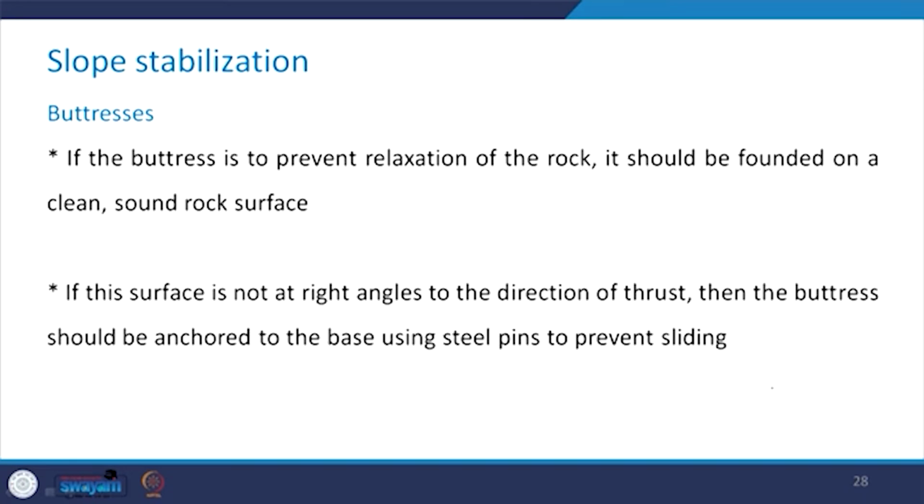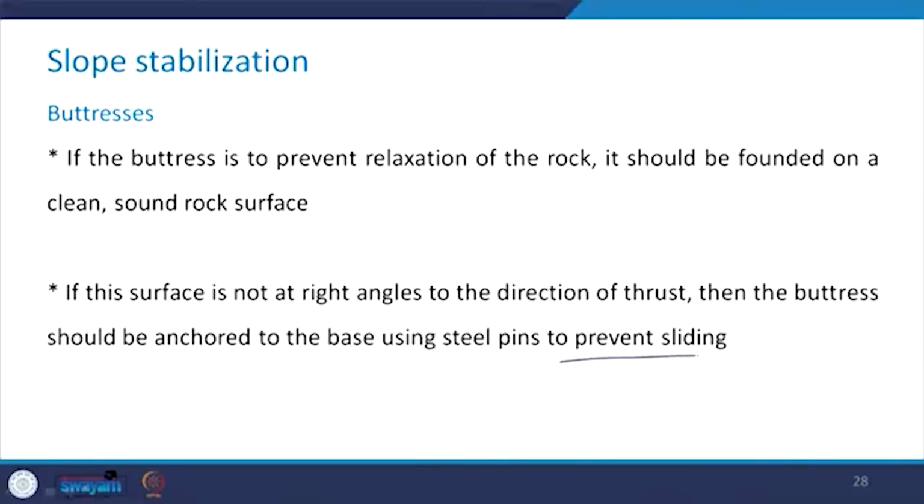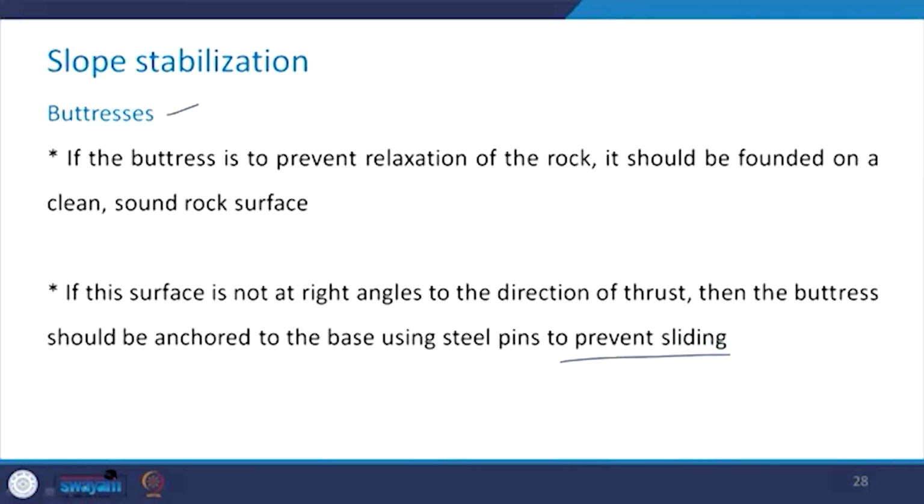If this surface is not at the right angle to the direction of the thrust, then this buttress should be anchored to the base using steel pins in order to prevent sliding. So, these conditions should be kept in mind when one designs such types of slope stabilization measures, which include the provision of buttresses.